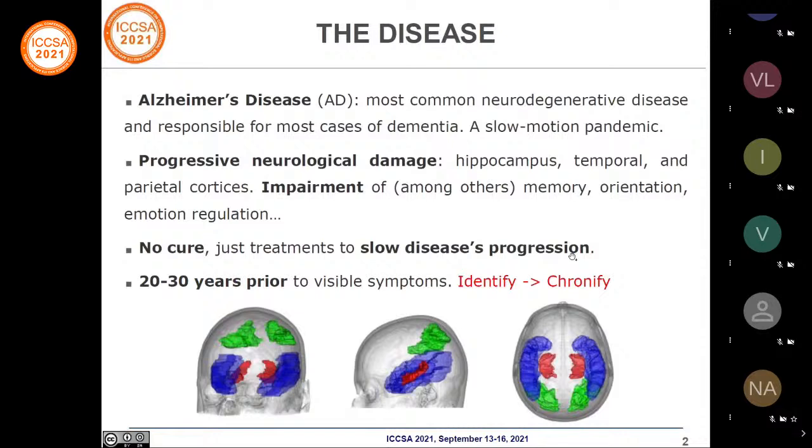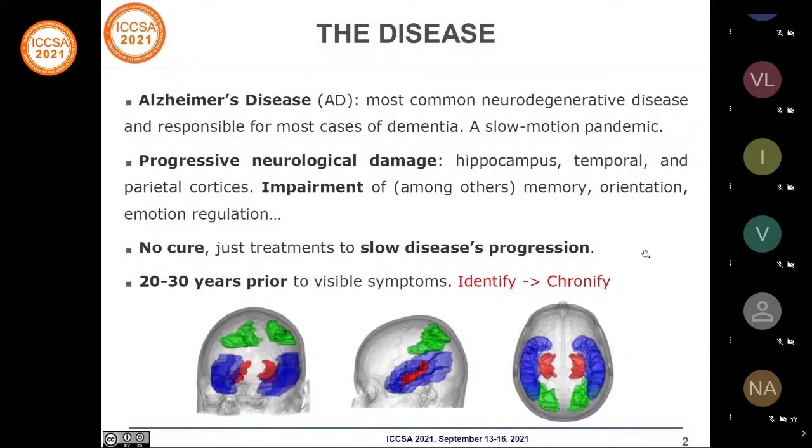This impairment, as many of you might know already, affects mainly memory, but also orientation and emotion regulation, and in late stages of the disease, it may affect many other cognitive processes. By now we don't have a cure or anything that might look like a cure in the following years. We just have treatments to slow disease progression, which are called neuroprotective treatments.